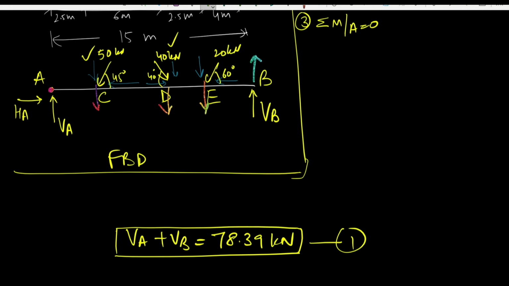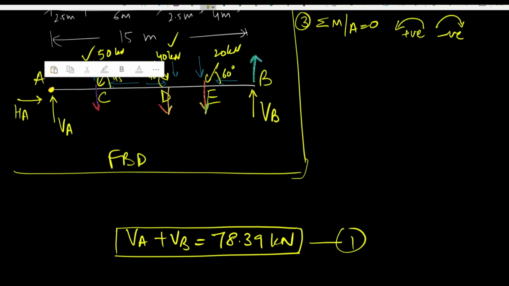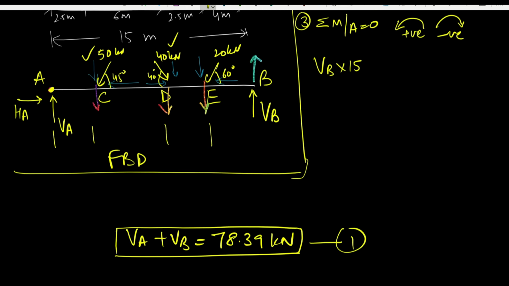So for this numerical, let us take anti-clockwise moments as positive and clockwise moments as negative. So if I hold point A, the first anti-clockwise, which I am taking as positive, will be VB into 15.